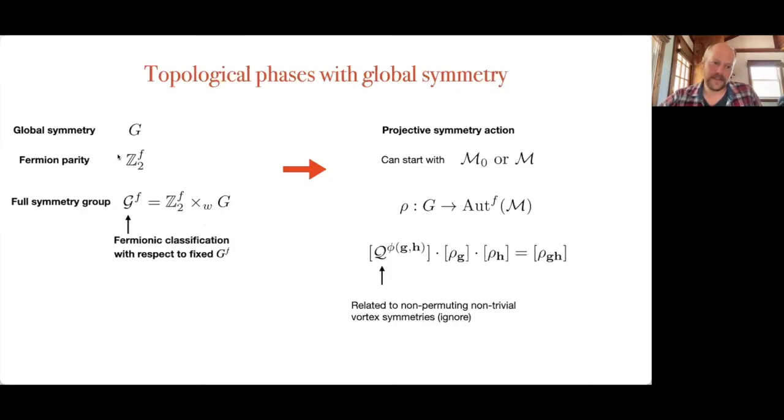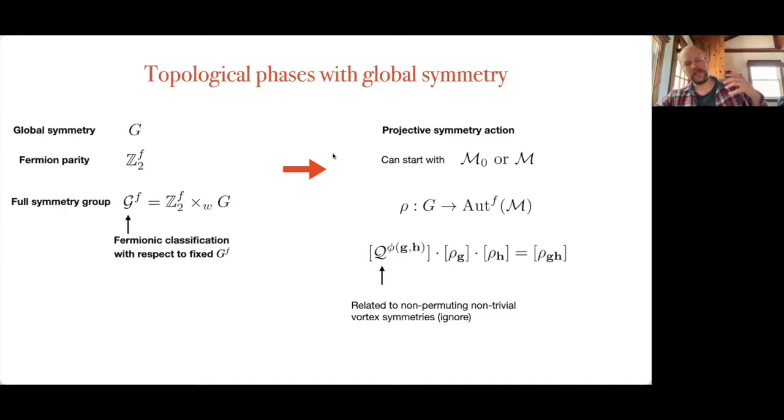And these two groups get put together in a way to form the full fermionic symmetry group, which I've denoted with a curly G here and superscript F. If you like, that full fermionic symmetry group is a Z2 extension of G. We'll specify that Z2 extension with the subscript W, which denotes a 2 cocycle. If you're not familiar with how you build extensions of a group in this way, just ignore W and set it to 0.